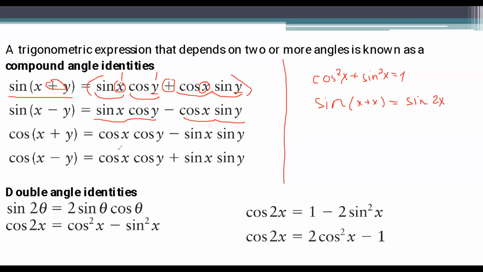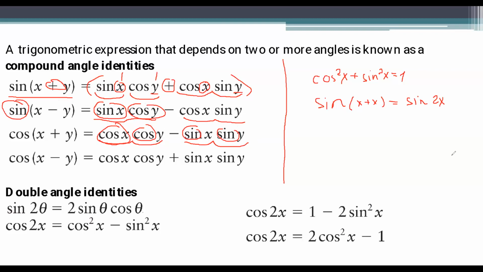Now the compound angle identity for the cosine function: cosine of x plus y equals cosine x cosine y minus sine x sine y. How I remember it is that for sine, it's sine x times cosine y, and for cosine, it's cosine times cosine and sine times sine.